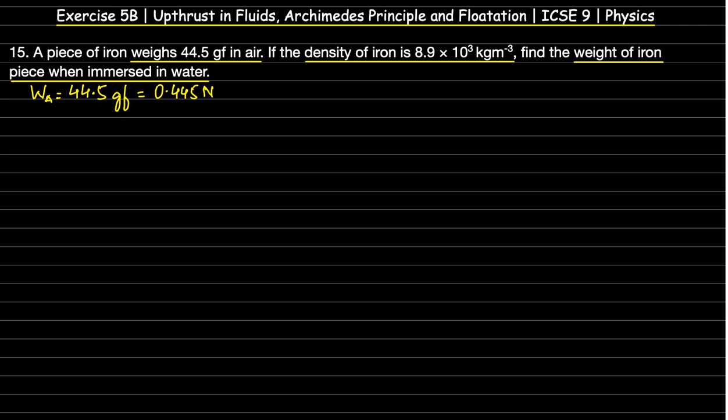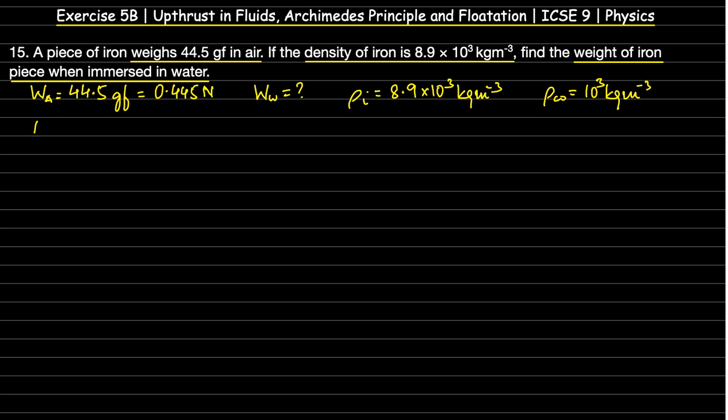Weight in water we need to find. Density of iron is given as 8.9 into 10 to the power of 3 kg per meter cube. Density of water, we should know it as 1000 kg per meter cube or 10 to the power of 3 kg per meter cube. Now I would be finding the relative density.